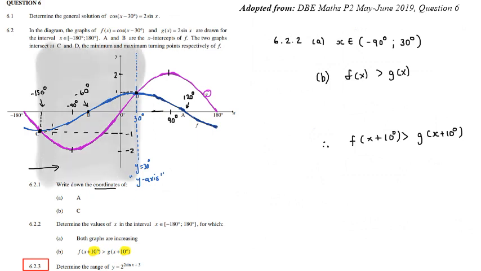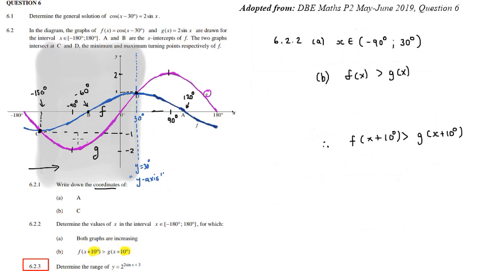We have the function f, the blue graph, being above the function g, the purple graph, for this entire interval, and that doesn't happen anywhere else. If you look at the other side, g is actually above f, and also on the other side, g is above f. So this interval is in between.